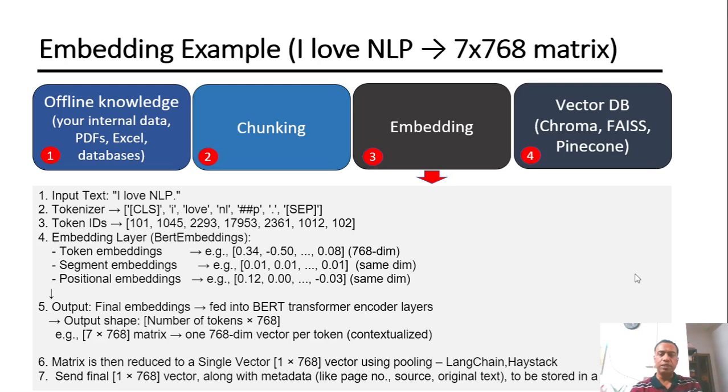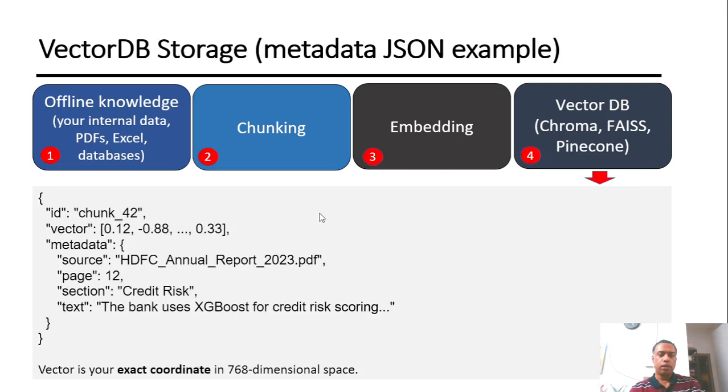What we have to understand over here is BERT is a sequence encoder, not a sentence encoder. It returns per-token embeddings, and you have to pool them. That is why you would want to get this single vector. Now, when you look at your vector database, this is what is actually stored: you have your unique ID, the single vector, and the metadata information.